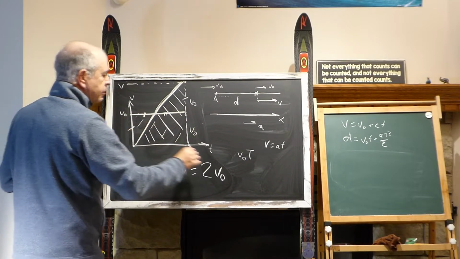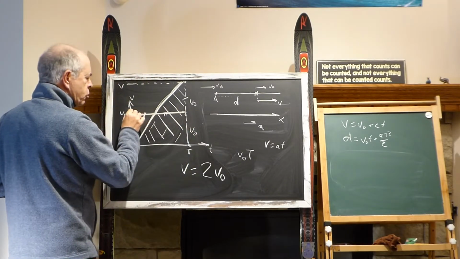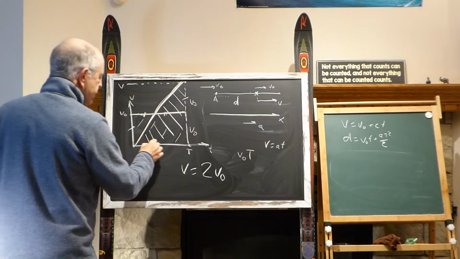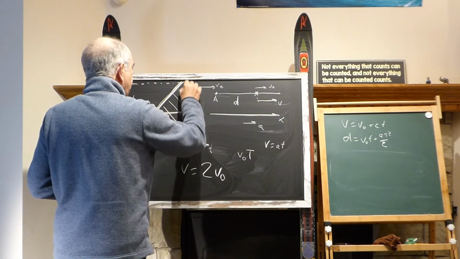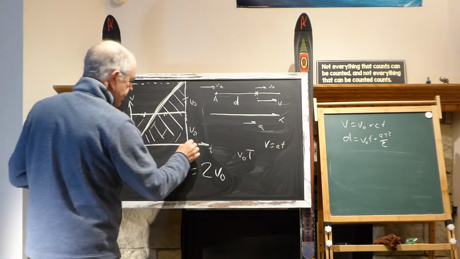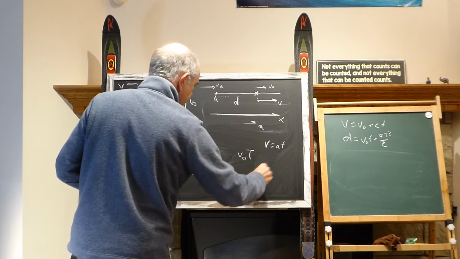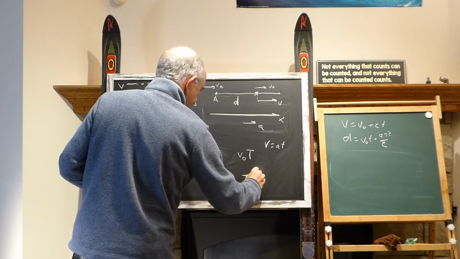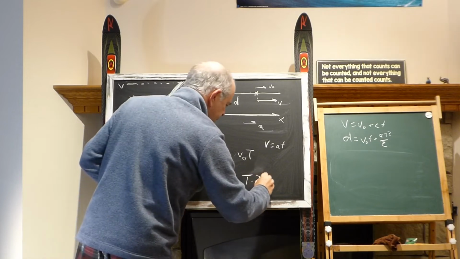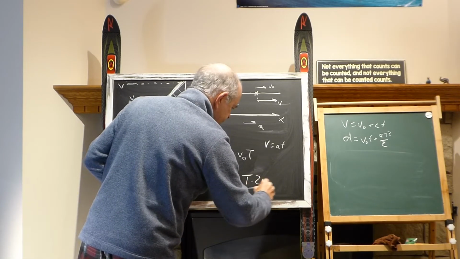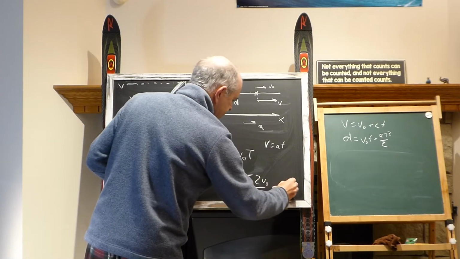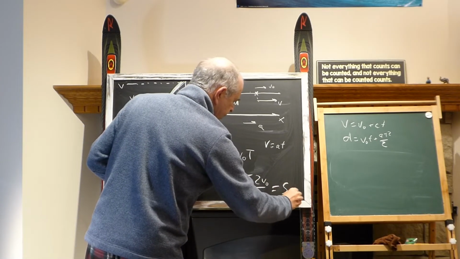Then we look at this triangle: this is t, and this height is double, and we multiply and divide by 2, because it is a triangle.